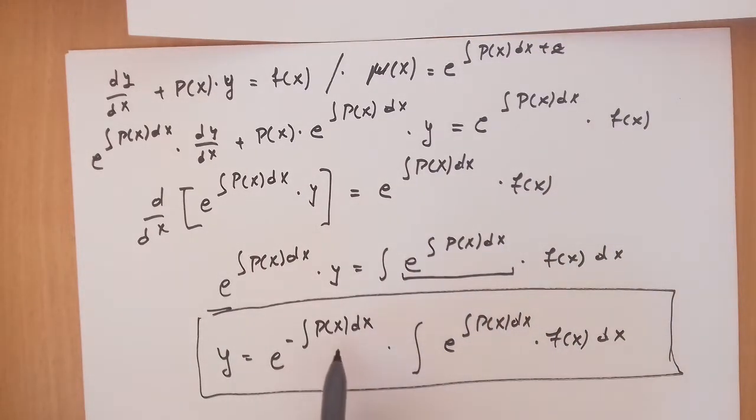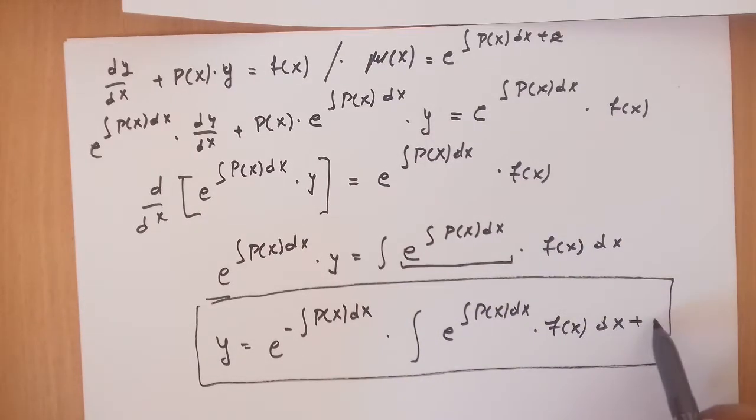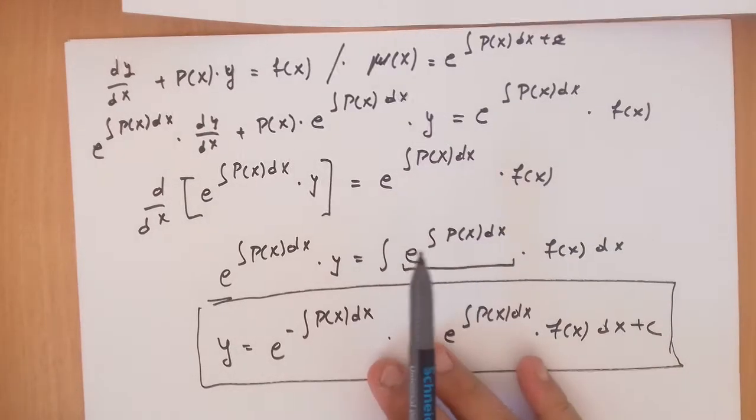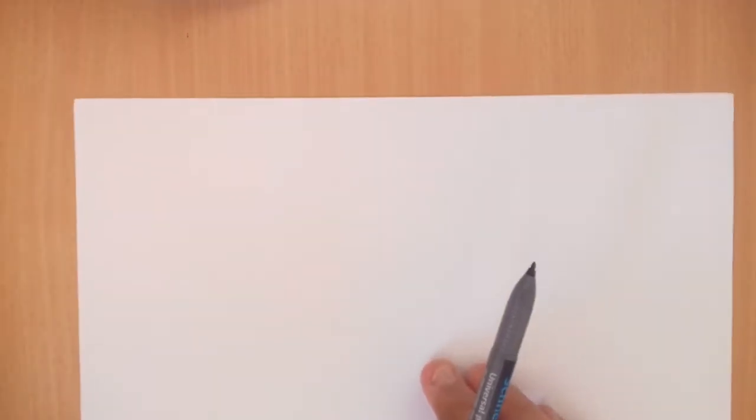If you know p of x and f of x, you plug them here, plus the constant c, and you can find the solution of y. But I don't like this method. I like doing the calculations.